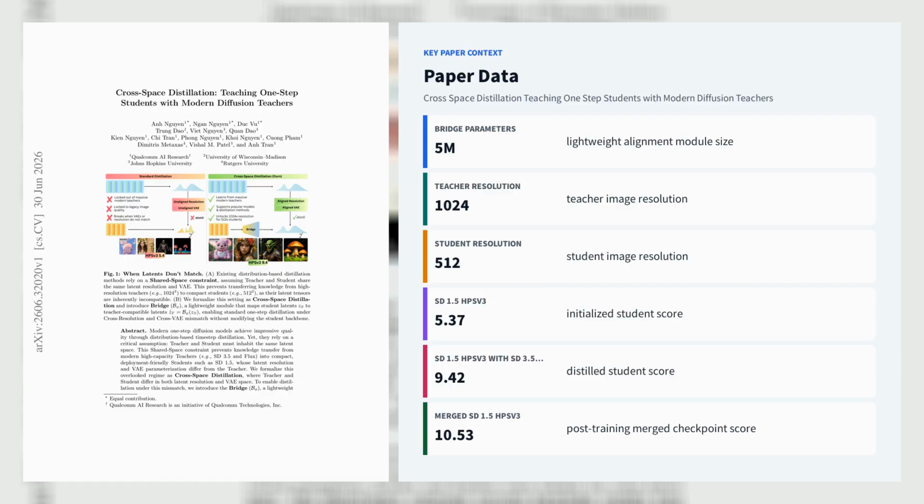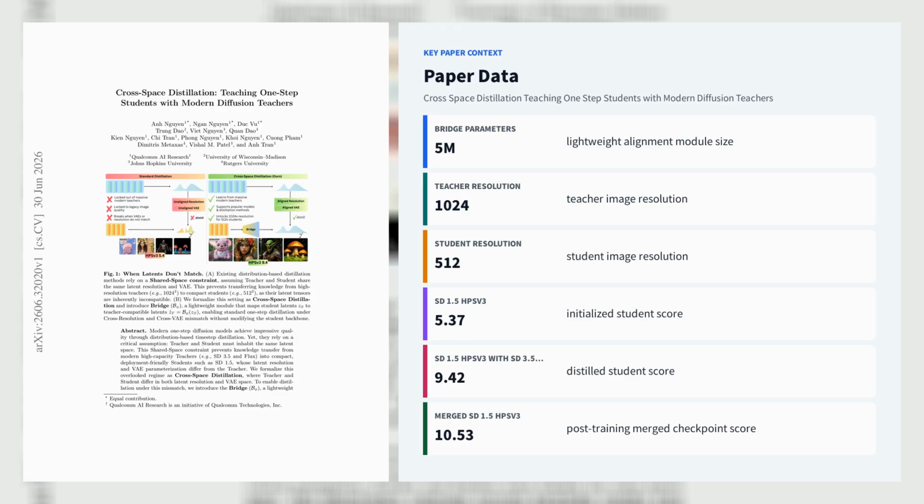The paper shows that modern teachers such as Stable Diffusion 3.5, Flux.2 Klein 4B, SDXL, Playground, and PixArt can be distilled into compact Stable Diffusion 1.5 and SD 2.1 students, despite a 1024 by 1024 teacher to 512 by 512 student resolution gap, and mismatched VAE parameterizations.